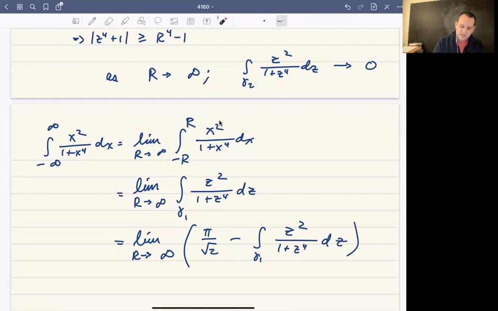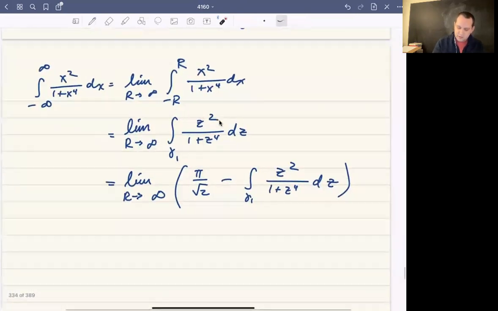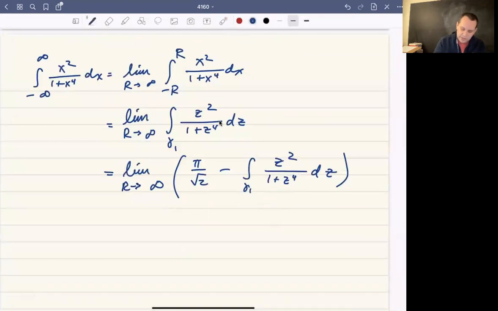And then we just finished by saying that as r goes to infinity, this integral goes to 0, and we end up with pi over square root of 2.